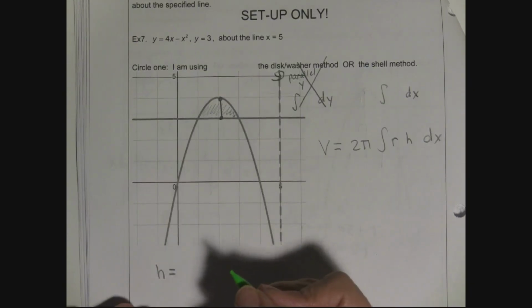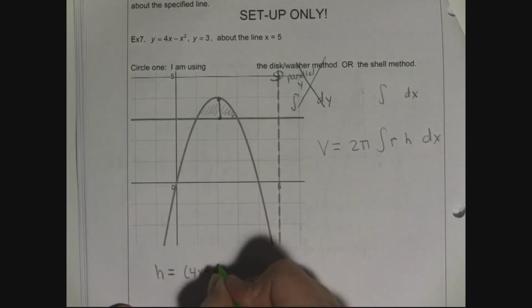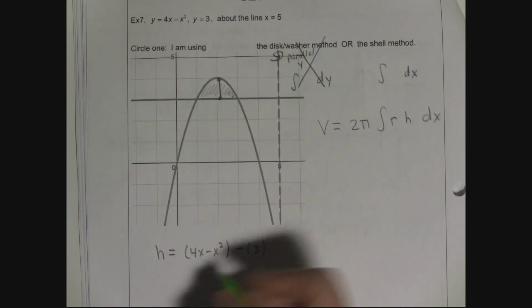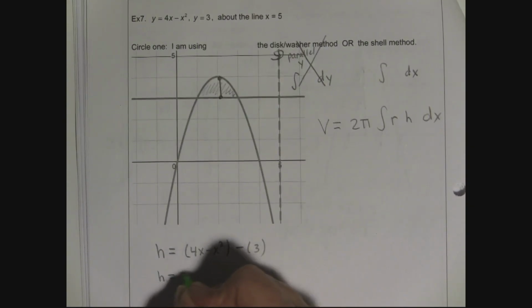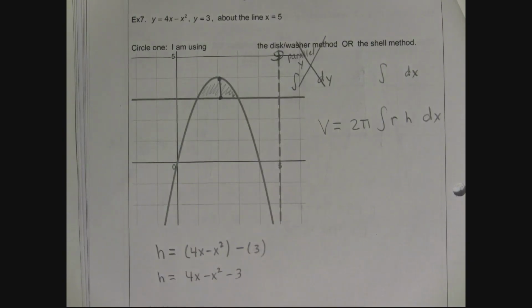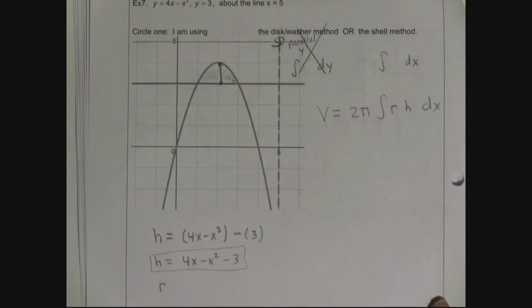You don't have to worry about where things are when you're doing top curve minus bottom curve. They sort themselves out, which is really nice. This is the same h that we had on a previous problem, because every time we do a shell with this picture, that's what h is going to be. So what's going to be changing is what r is, and that's what we've got to find next.